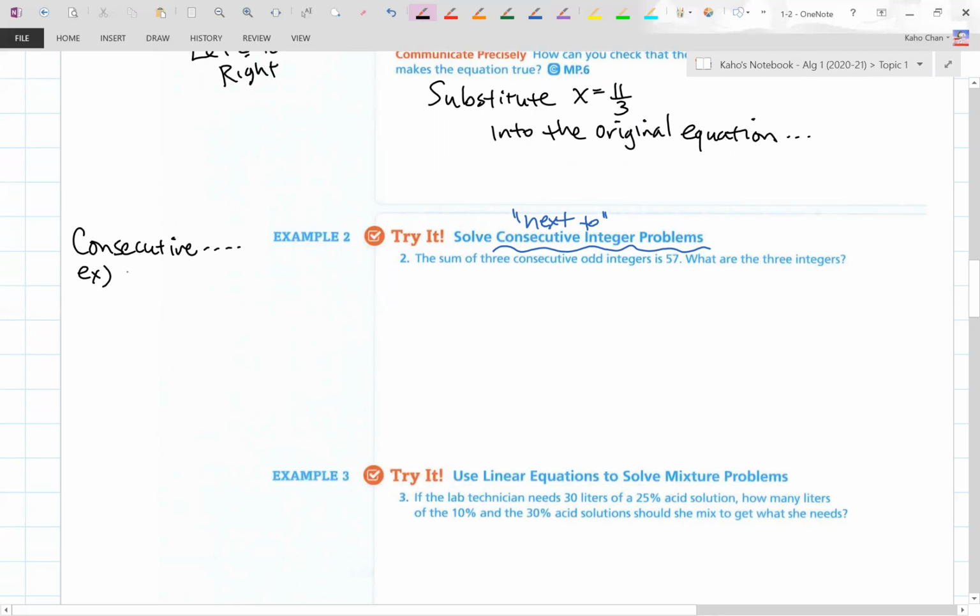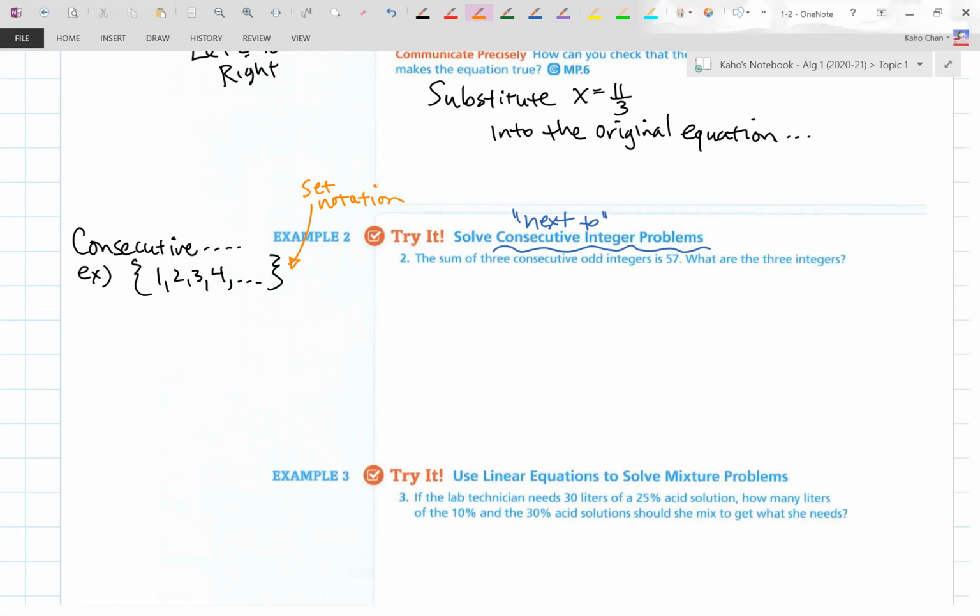Here's one. The one we grew up with when we were little kids. 1, 2, 3, 4, and so on. Hey, that works. Those squiggly marks that I've drawn there, that's called set notation. It just groups your set of numbers together, and the dot, dot, dot means it goes on forever.